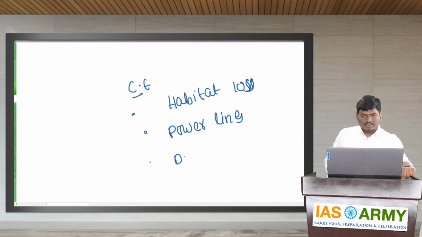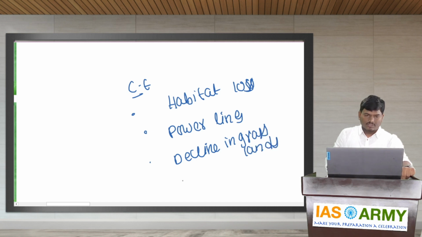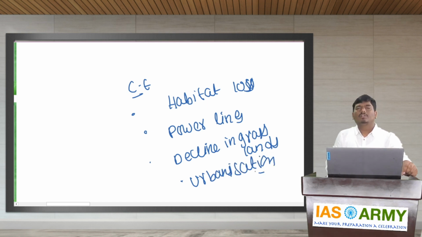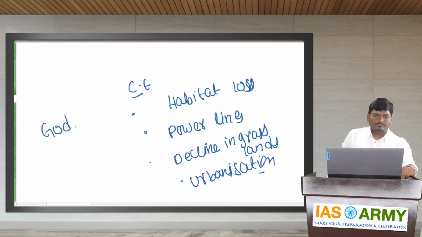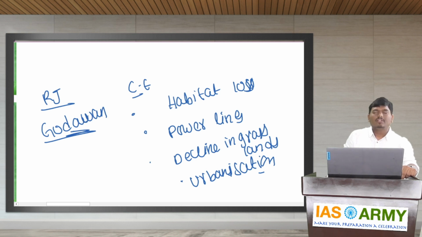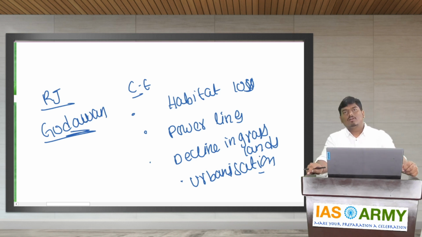Next one is decline in grasslands. Next one is urbanization. And it is known as Godawan in Rajasthan.